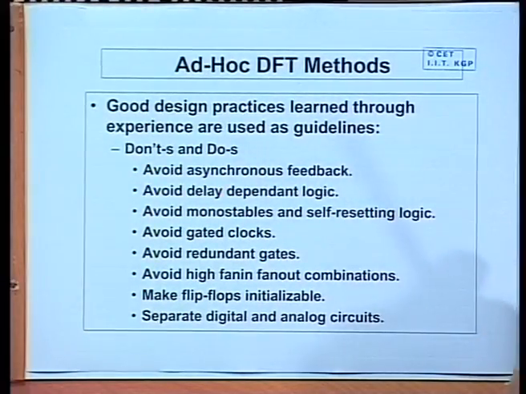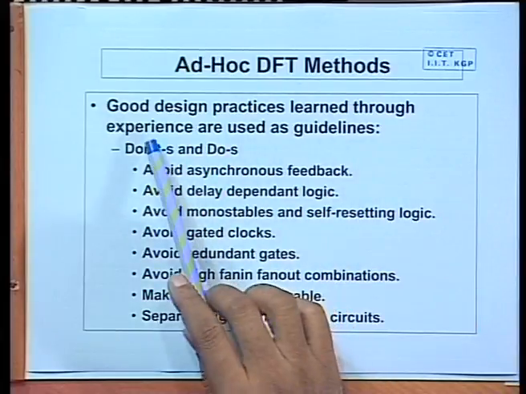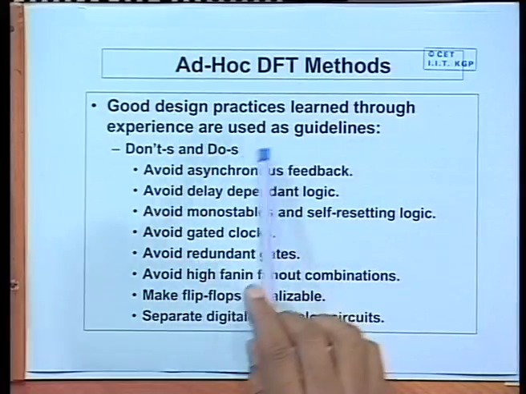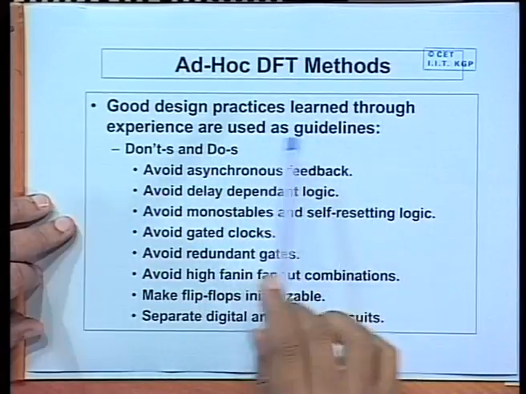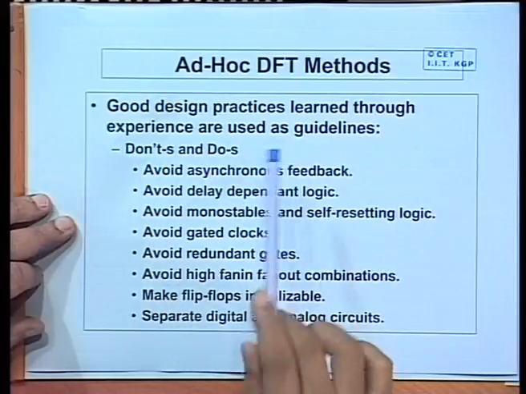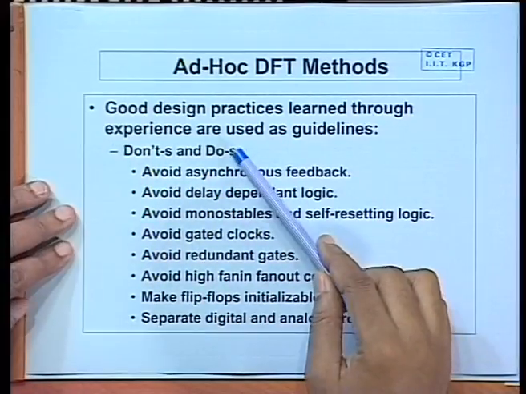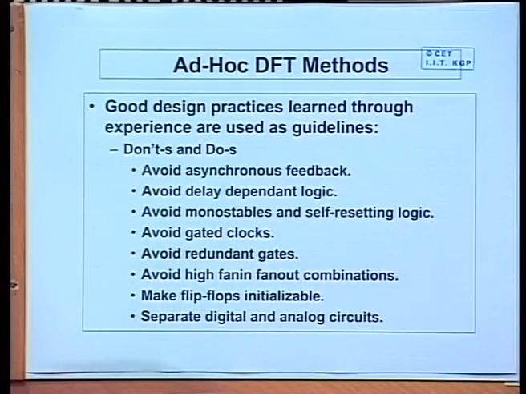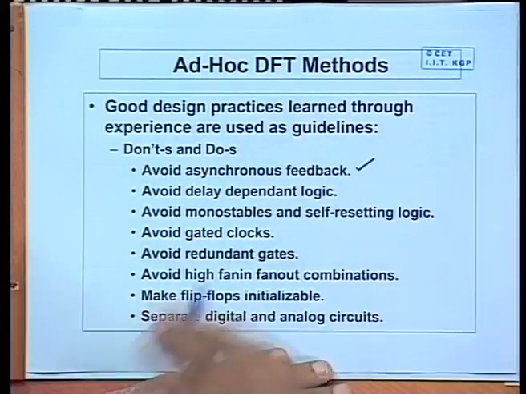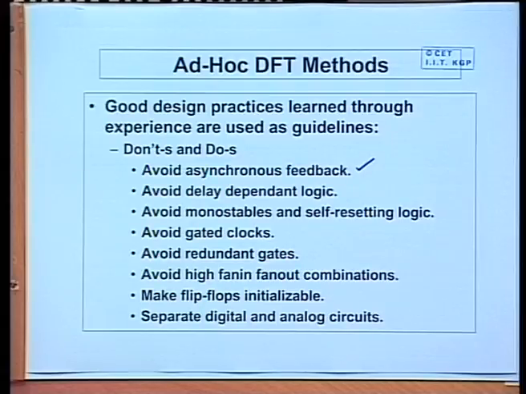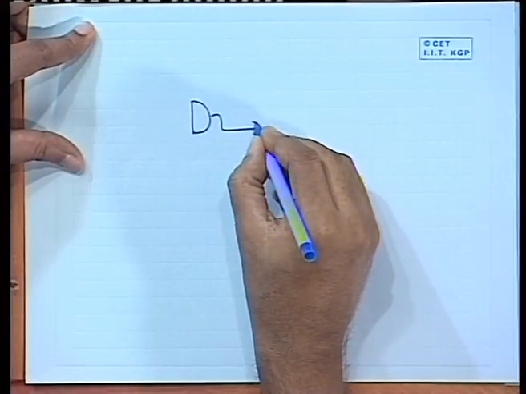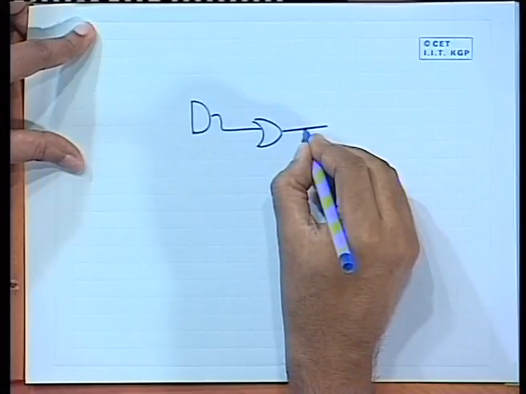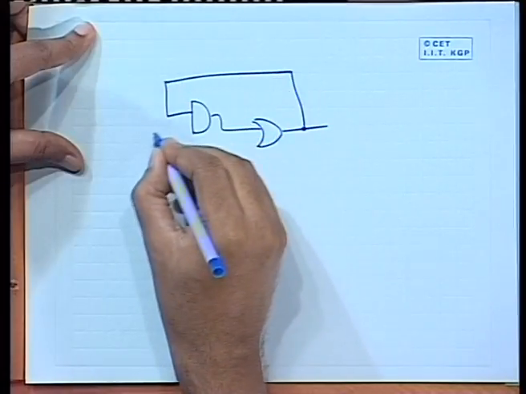The ad hoc DFT methods are essentially good design practices which have been laid down by experienced designers who have learned them through design experience over a period of time. Some simple rules are as follows. You avoid asynchronous feedback. Avoid asynchronous feedback means it is not desirable to have a circuit like this, where from the output of the OR gate you give a feedback to the input.